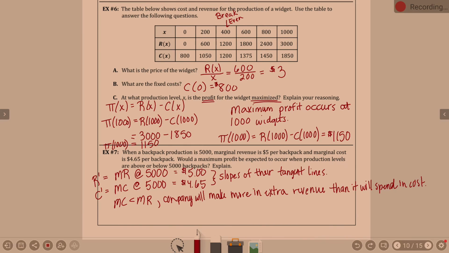And so we would expect maximum profits above, or I'm going to say due to increasing production. How's that? Expect max profits above 5,000.